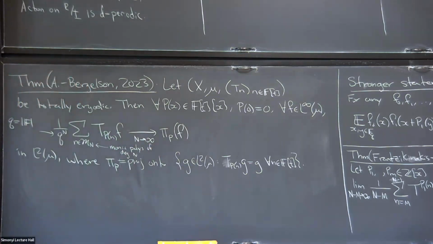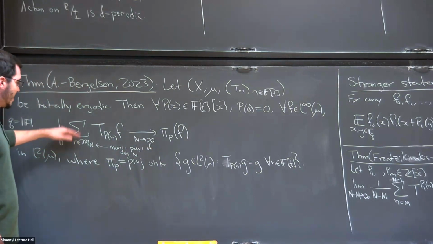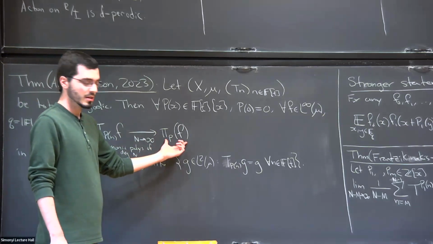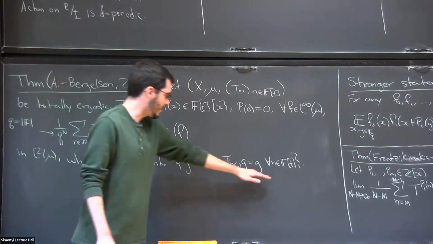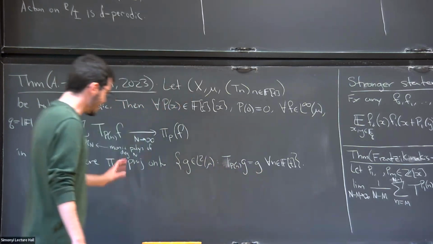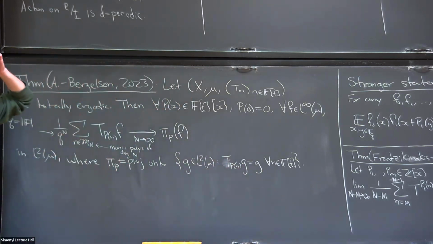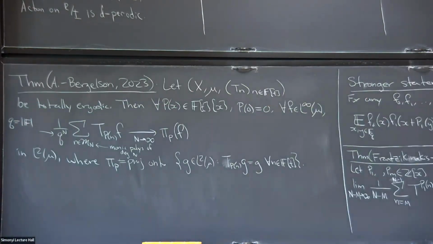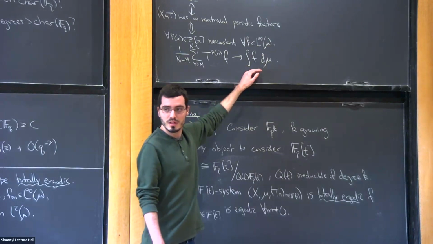Okay. I can actually take any Følner sequence here, but just for concreteness, I'll take this one since it's understandable. So now my ergodic average converges to some projection of f, and it's an invariant space corresponding to these polynomials. Okay, so this is a little bit more complicated than what it looked like for Z actions, where along polynomials the convergence was just an integral of f.